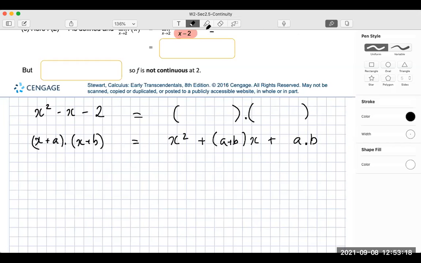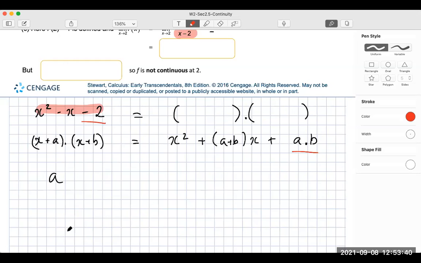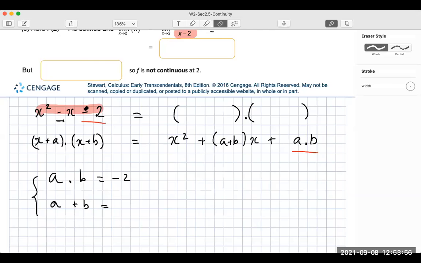If we are given this guy, we ask ourselves which numbers a and b. We are looking for numbers a and b such that a times b is equal to -2 and a plus b is equal to what? Yes, -1. Good job.